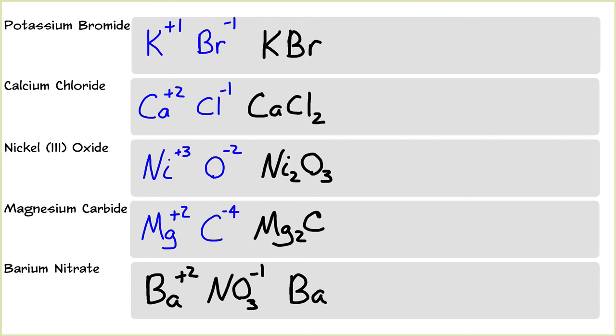And now the nitrate needs a subscript of 2. The whole thing, the NO3, is a nitrate with a -1 charge. So in this case, we need to use parentheses and tell the person that we need 2 of the whole thing. So use parentheses when you have polyatomic ions and you need more than one of them in your formula. And that's how you do it. And that concludes this lesson.